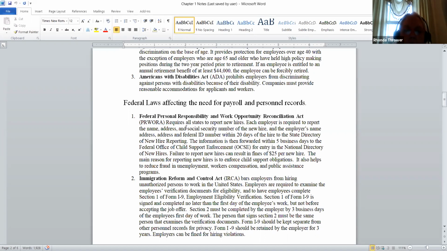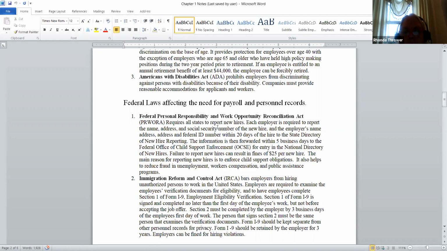This act basically is to ensure that all employers report new hires to the government, because they want to make sure that persons who need to be paying child support will be paying child support.